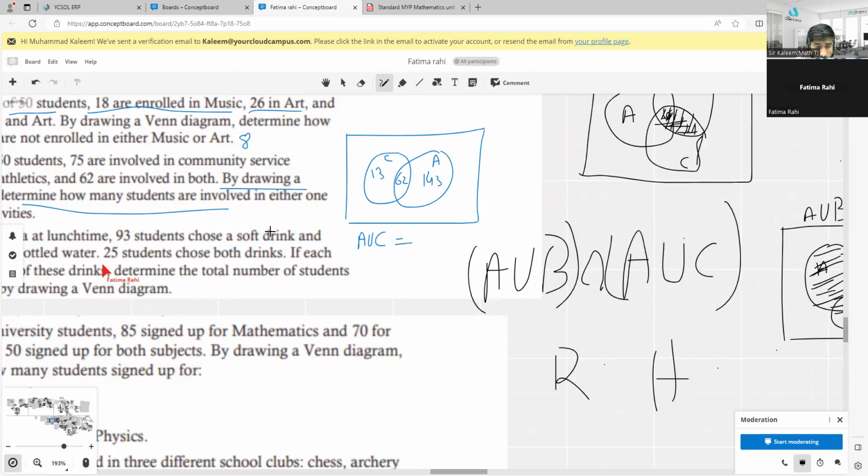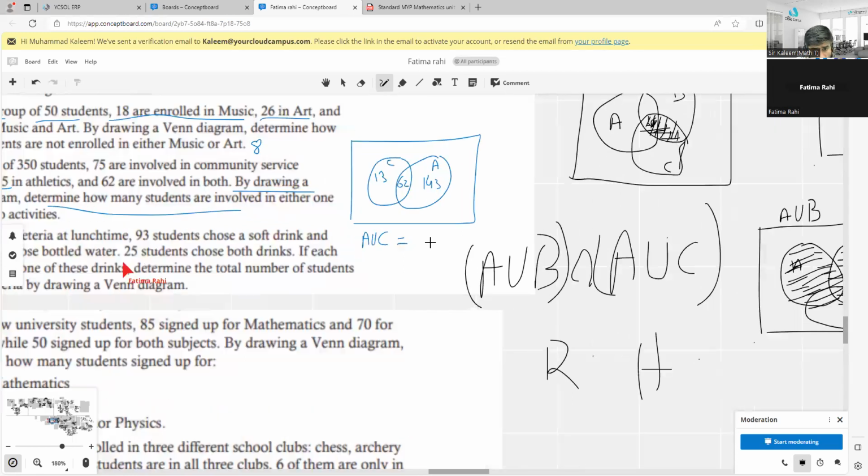You just have to find the students involved in either activity, either community service or athletics. This one is involved in both, so this one is also taken. So the total students involved in either activity are 205 and 75, that will be 280.